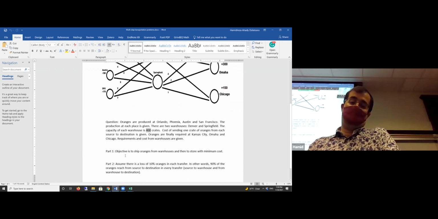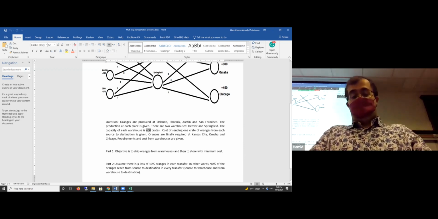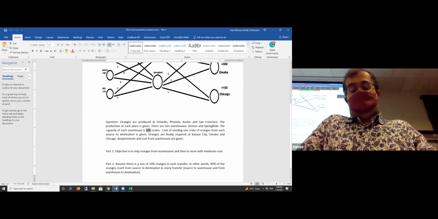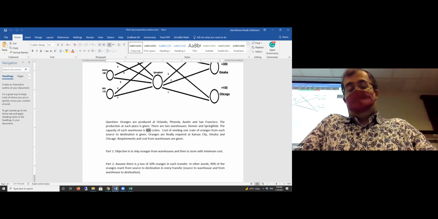Part 1: the objective is to ship oranges from warehouses to stores at minimum cost. Part 2 is more realistic. Assume that there's a loss of 10% of oranges in each transfer.